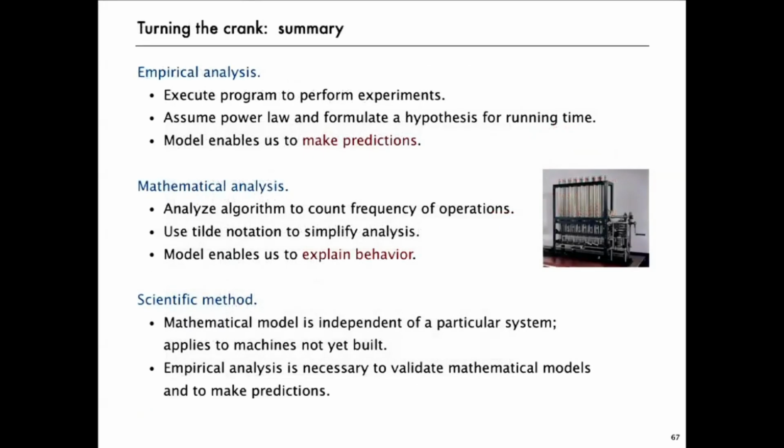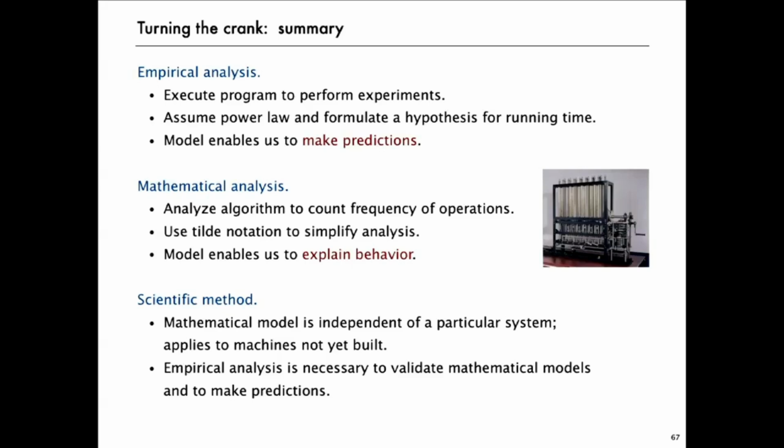Okay, so in summary, we really can figure out how many times we have to turn the crank on modern computers. We can do it with empirical analysis, where we actually execute the program to do experiments and assume a power law, formulate a hypothesis, and make predictions. But we can do more. We can do mathematical analysis, where we identify the most costly operations, analyze the frequency of execution of those operations, and using the tilde notation to simplify analysis, we can actually explain the behavior, not just predict it.